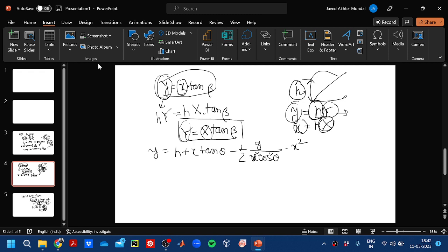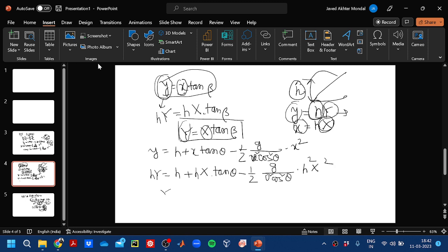So here also we will replace in this manner. We will replace y by h into Y, and this is h, and this will be h into X into tan theta minus half g by v square cosine square theta into h square X square.